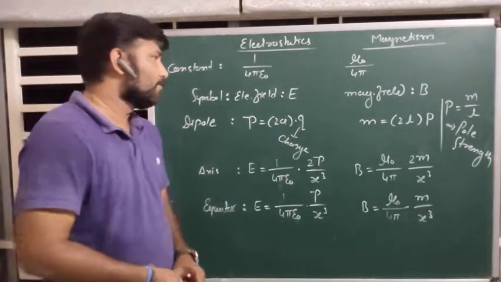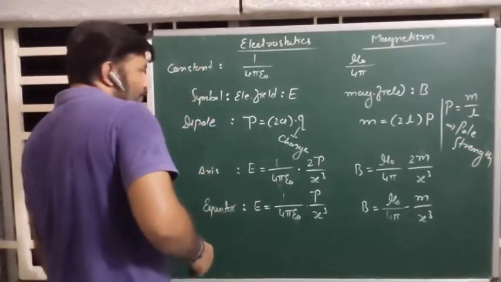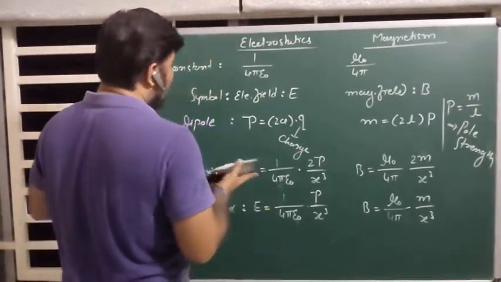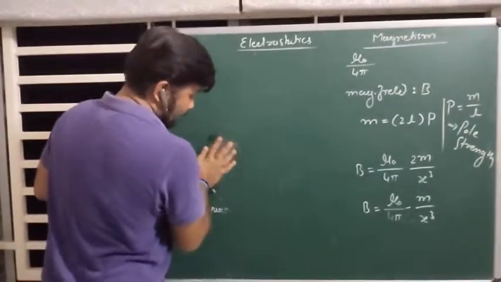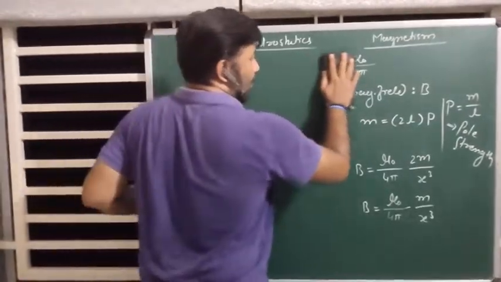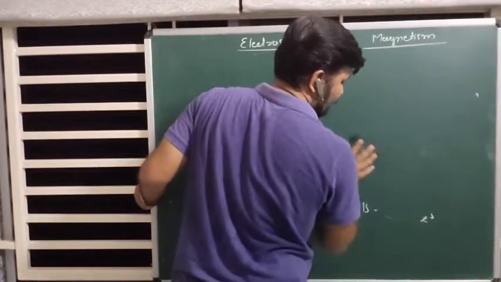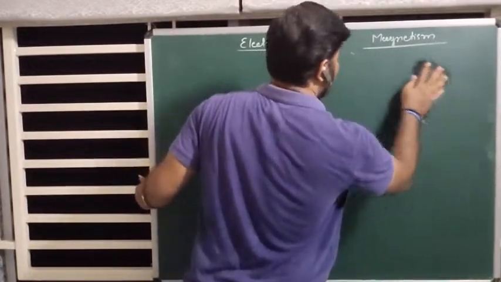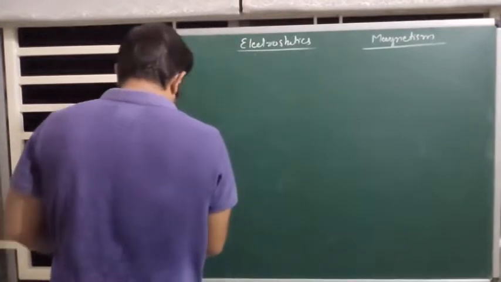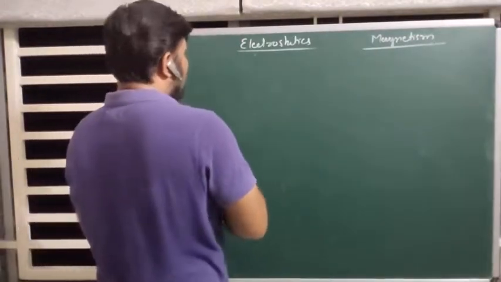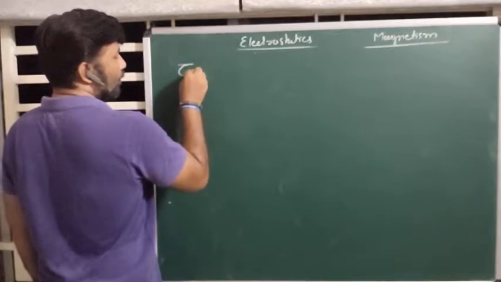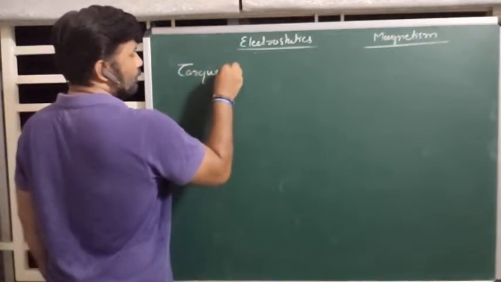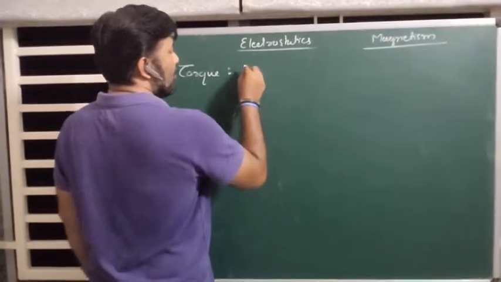Got it? There are a few more equations. Again, I am telling you, they are not there in our textbook, but you will get these things in our assignment. Okay? In electrostatics, we have obtained the equation of torque. Which was the equation?